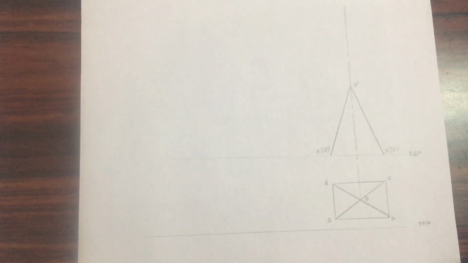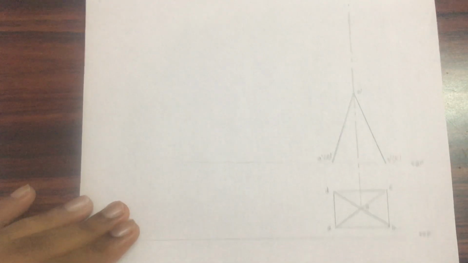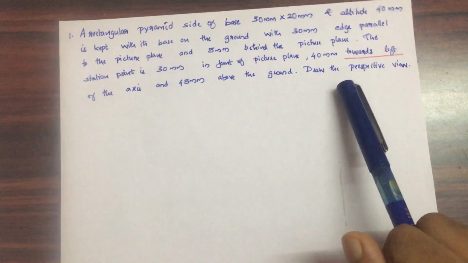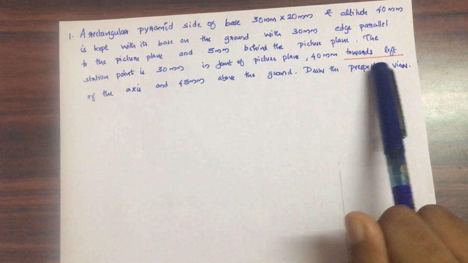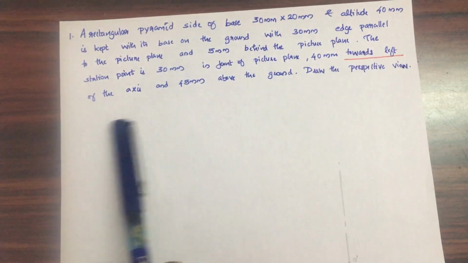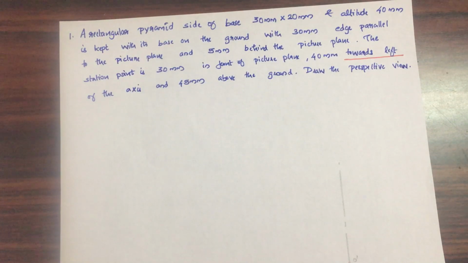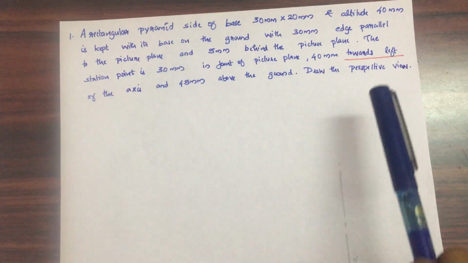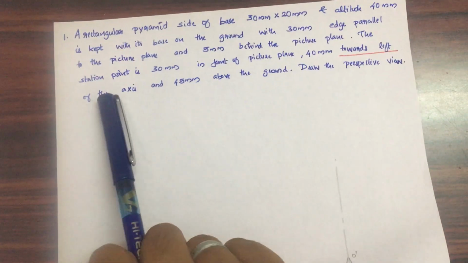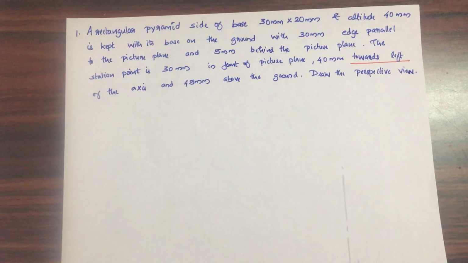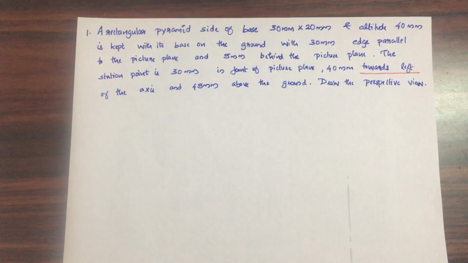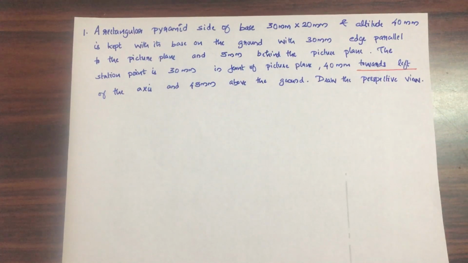You might have noted that I have drawn the top view as well as the front view towards the right portion of the page. Why? Because in the question it is stated that the point is 40 mm towards the left of the axis. For every question it will be stated either towards left or towards right. This is about the station point. The station point is the point from which the observer is looking at the object. So, you have many things to be drawn towards the left and nothing towards the right.